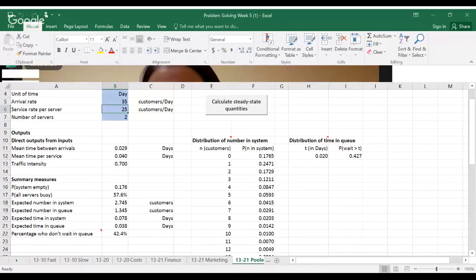For the arrival rate, we just added the 20 and the 15. So 20 arrived per day from finance and 15 arrived per day for marketing. That's 35 letters total. And the service rate per server, they still do 25 each. And then the number of servers was 2.